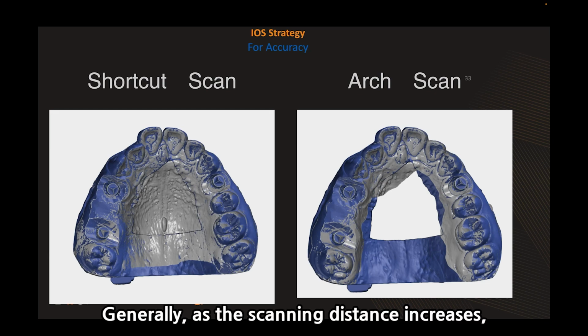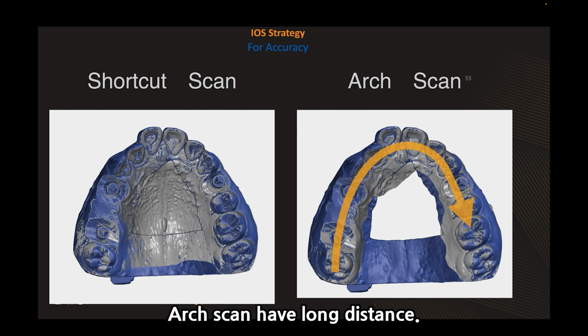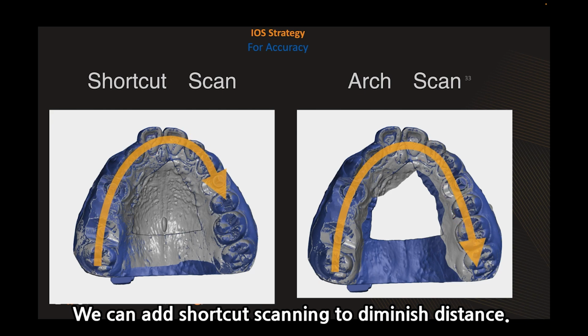Generally, as the scanning distance increases, distortion increases proportionally. Arches can have a long distance. We can add the shortcut scanning to diminish distance.